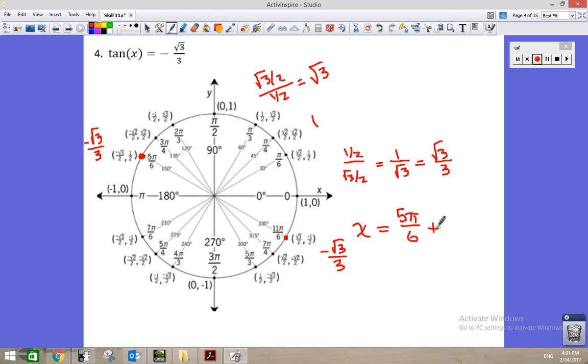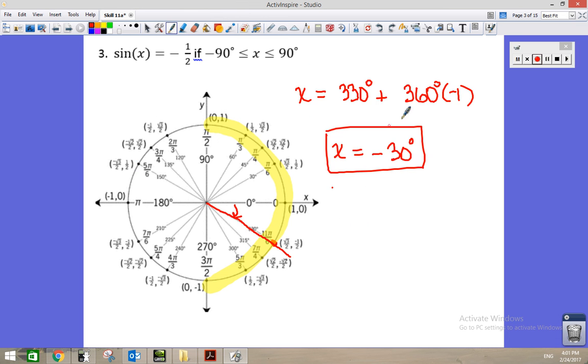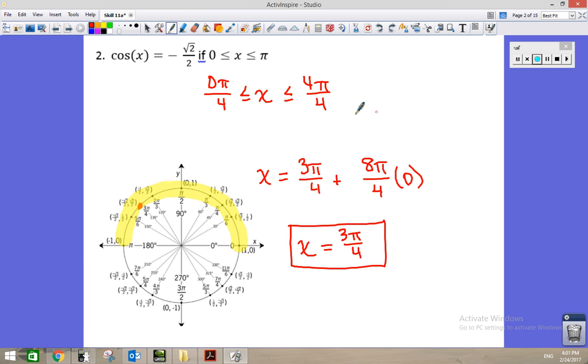And the period for tangent and cotangent is different from all the other trig functions. It's only pi. So I'm going to add integer multiples of pi. I'm not going to be adding 2 pi or 360, I'm going to be adding 180 degrees or pi. Like see here, this was 2 pi, which is 360 degrees.